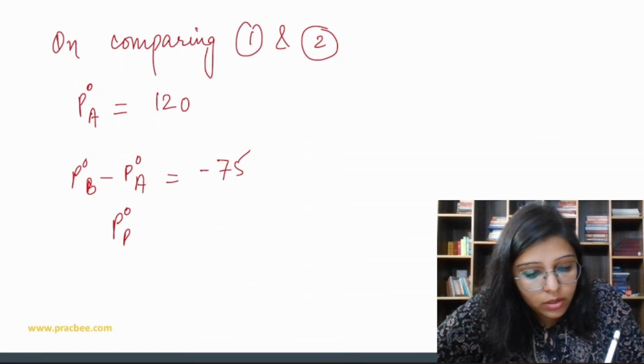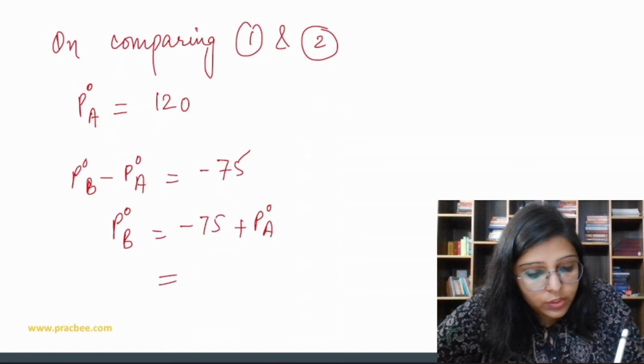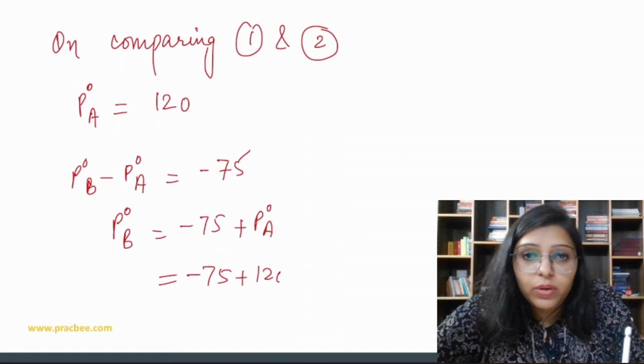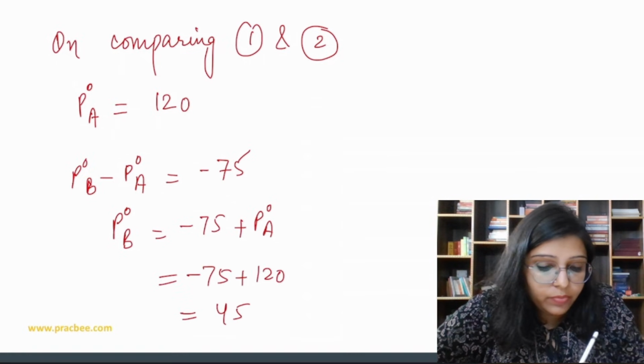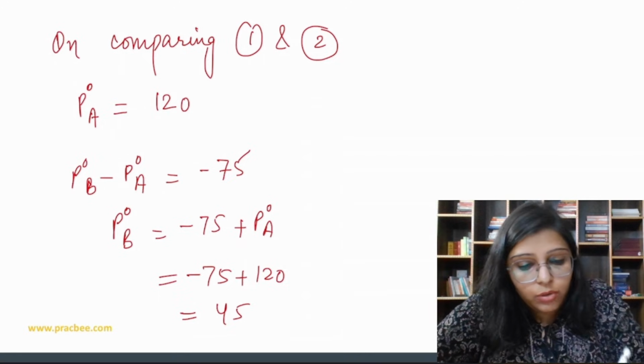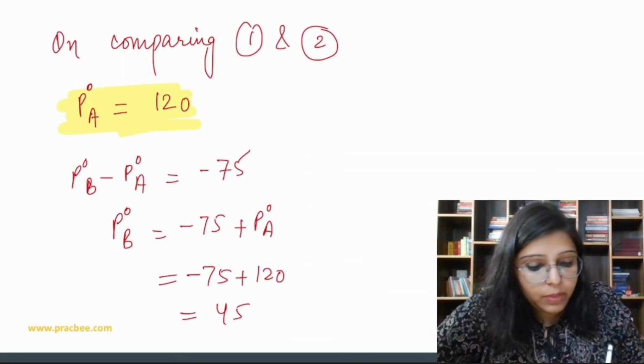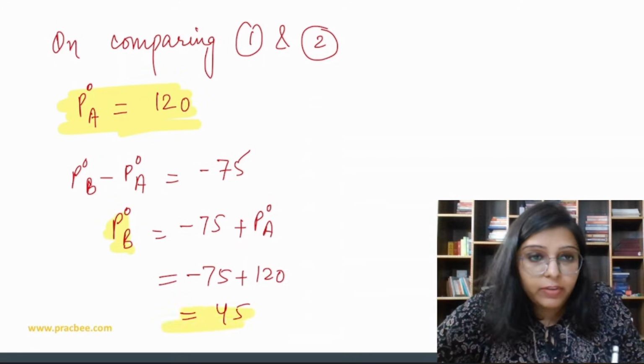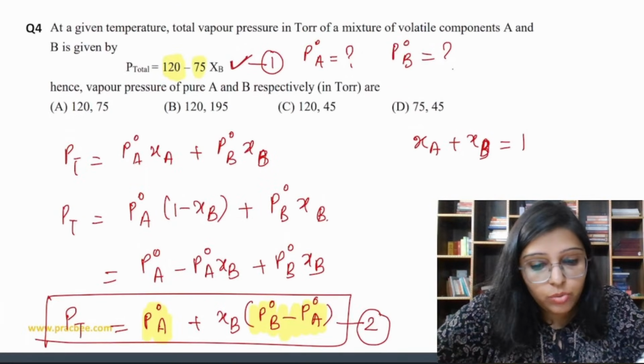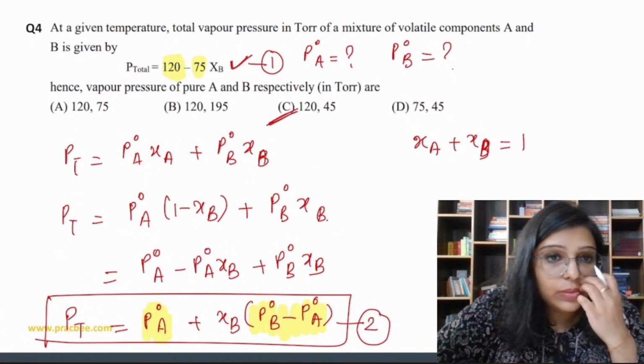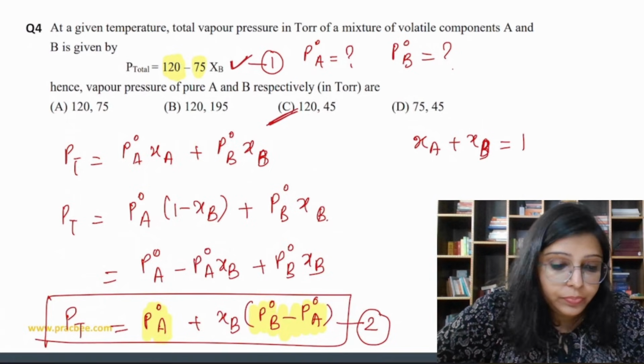So P naught B is equal to minus 75 plus P naught A, which is minus 75 plus 120, which is equal to 45. So P naught A is equal to 120 and P naught B is equal to 45. So the answer is going to be option number 3. Clear?